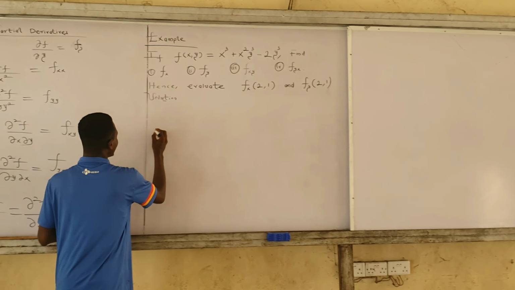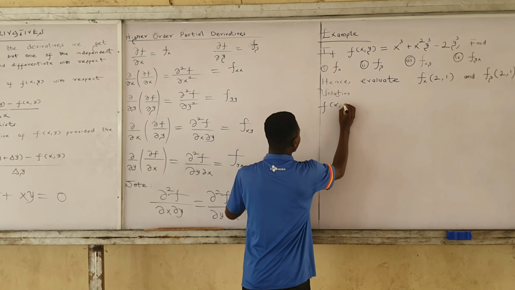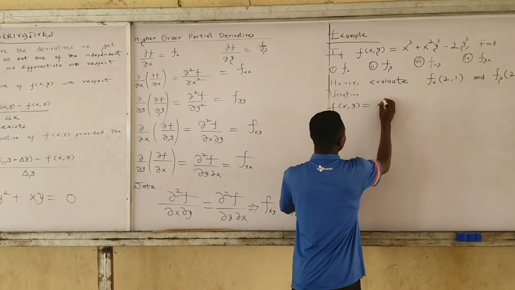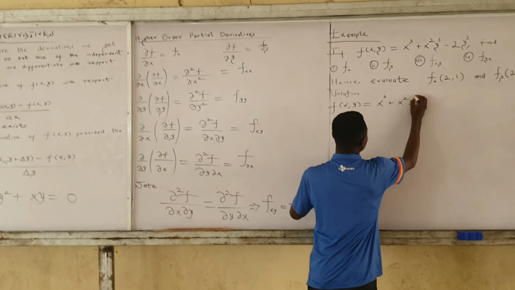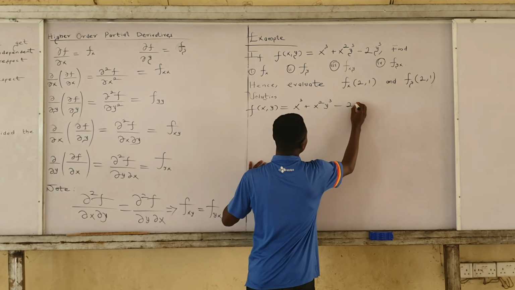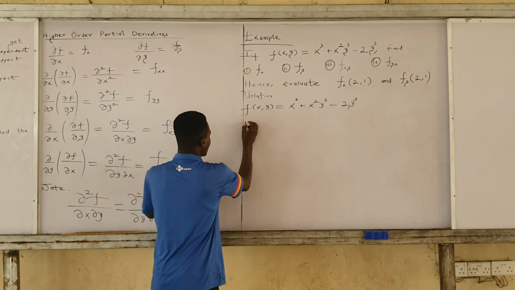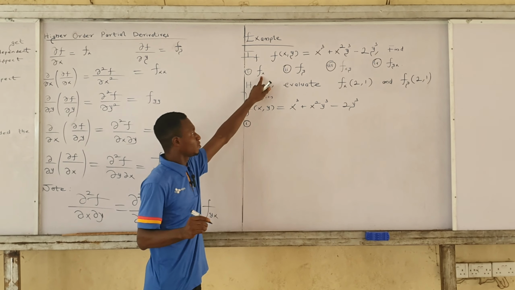So we're given the function f of x comma y is equal to x raised to the power of 3 plus x raised to the power of 2, y raised to the power of 3 minus 2y raised to the power of 3. Now the first part of the question demands that we differentiate this function with respect to x.